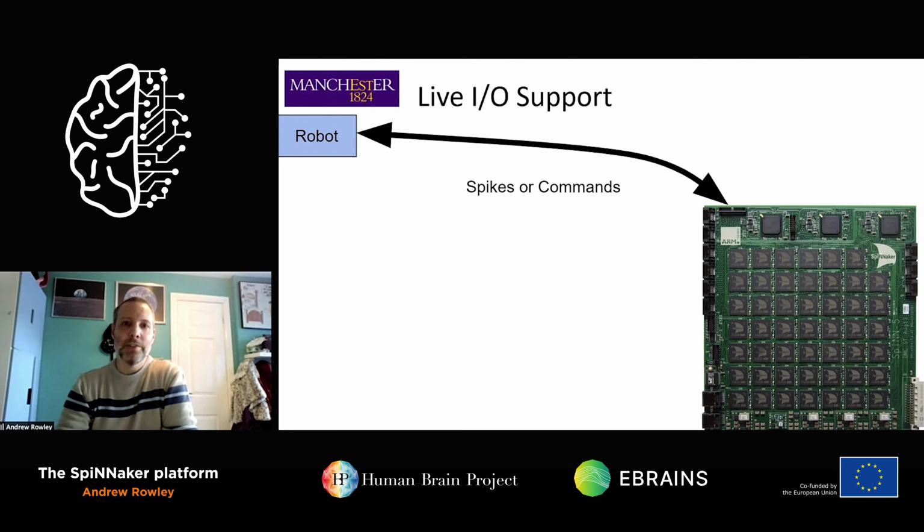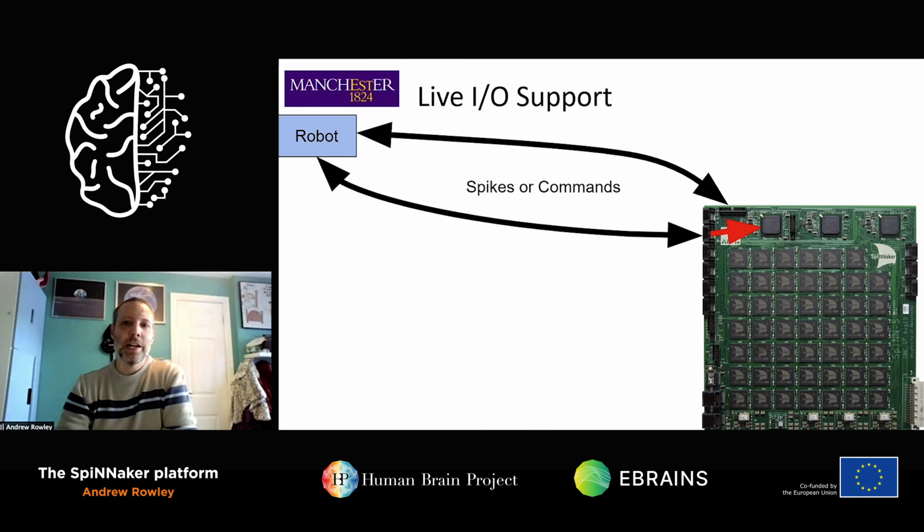SpiNNaker does support live interaction with the outside world, and things like robots can be connected to the board, and we can describe these connections in the software and allow the software to set up everything so that the robot can be communicated with.